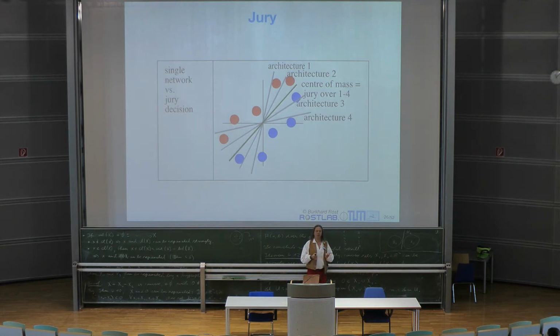Okay? It depends on how much they are correlated and how much white noise, so random mistakes, they make. Again, systematic mistakes you cannot get out of by averaging. But this is one way.